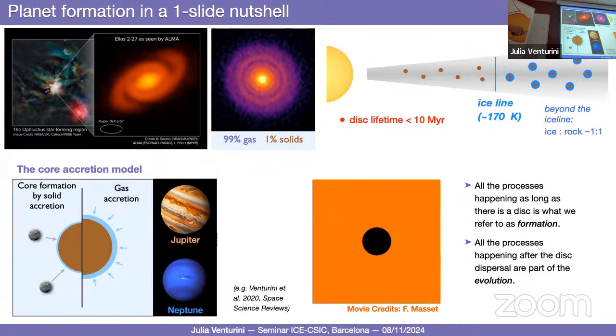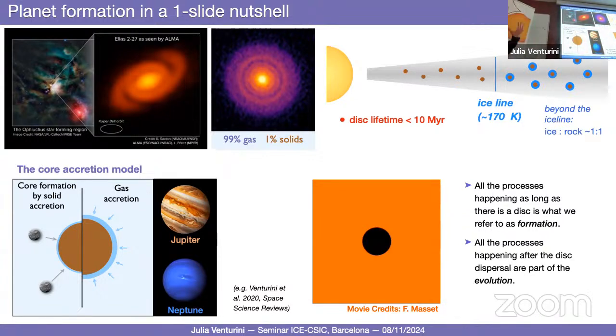The composition and the distribution of solids in the disk also matter. Very close to the star, where temperatures are hot, there can be refractory material that is solid, like silicates, but not water. But if we move further away in the disk, then we can reach low enough temperatures, approximately 170 K in protoplanetary disks.